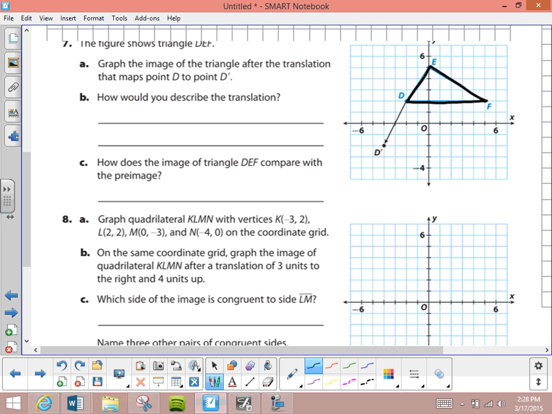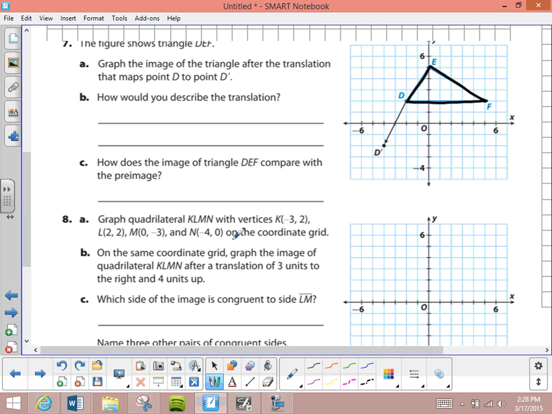And now grab the image of the triangle after the translation that maps point D from the pre-image to point D prime. That little apostrophe means prime. When you hear the word prime, they're referring to the image, the new one. If it doesn't have an apostrophe, that's the pre-image, the one before, right? Keep those things in mind.